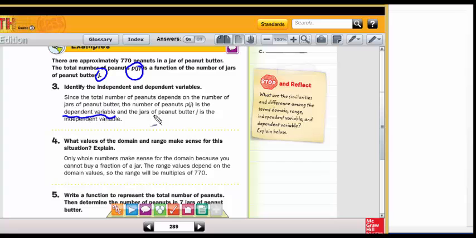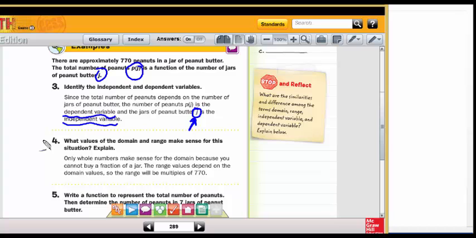So the jars of peanut butter, or j, is the independent variable. It is the input. We're going to input the number of jars we want to fill, and that will give us our output, or the dependent variable, P of j, how many peanuts we will need in order to make enough peanut butter to fill those jars.